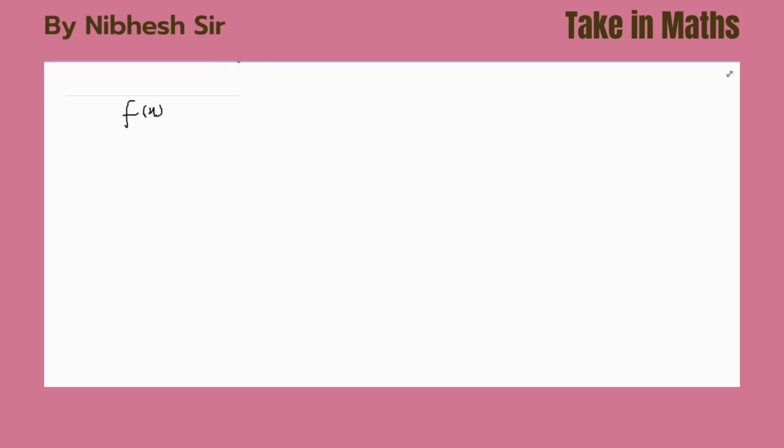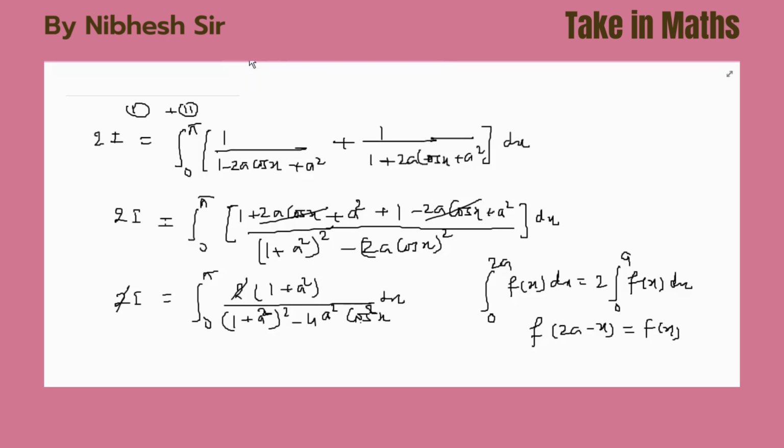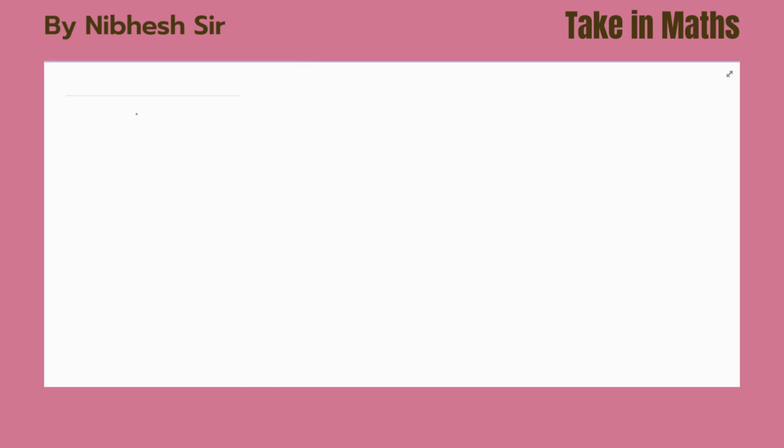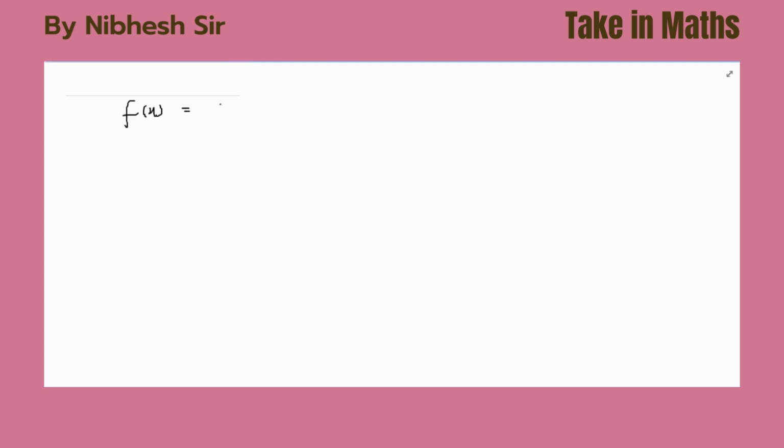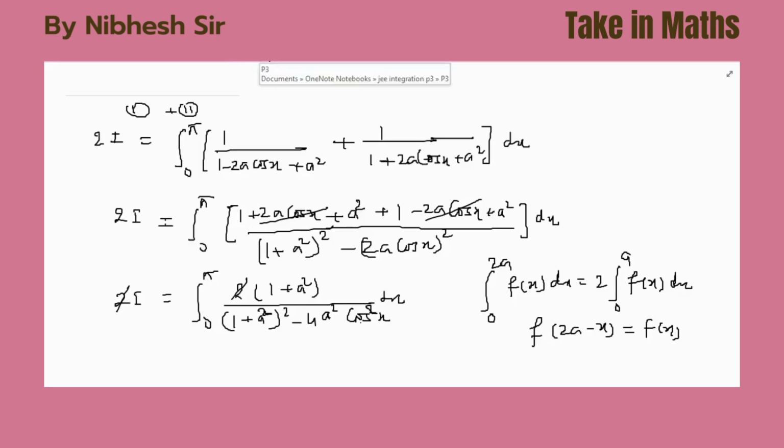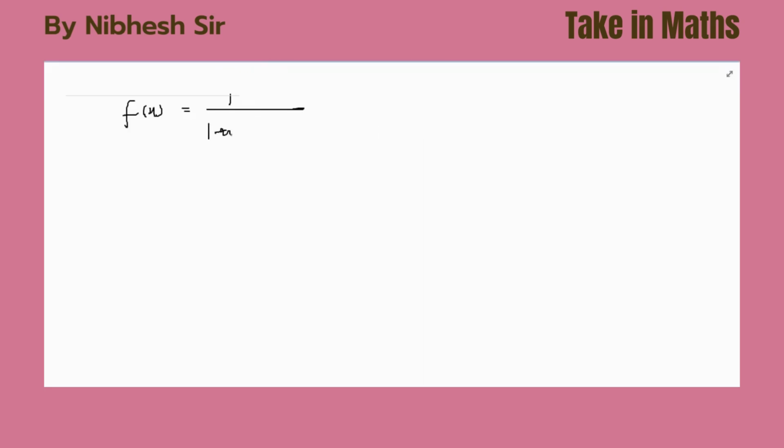So f(x), just let this be f(x). f(x) क्या है हमारा? 1 प्लस a स्क्वायर को कॉमन ले लूँ तो f(x) जो है वो है 1 by 1 plus a square the whole square minus 4a square cos square x.